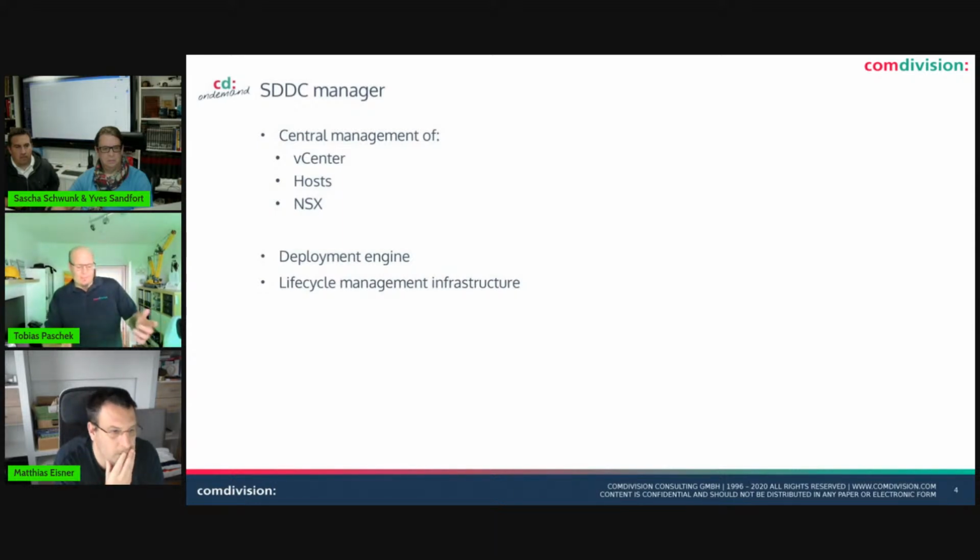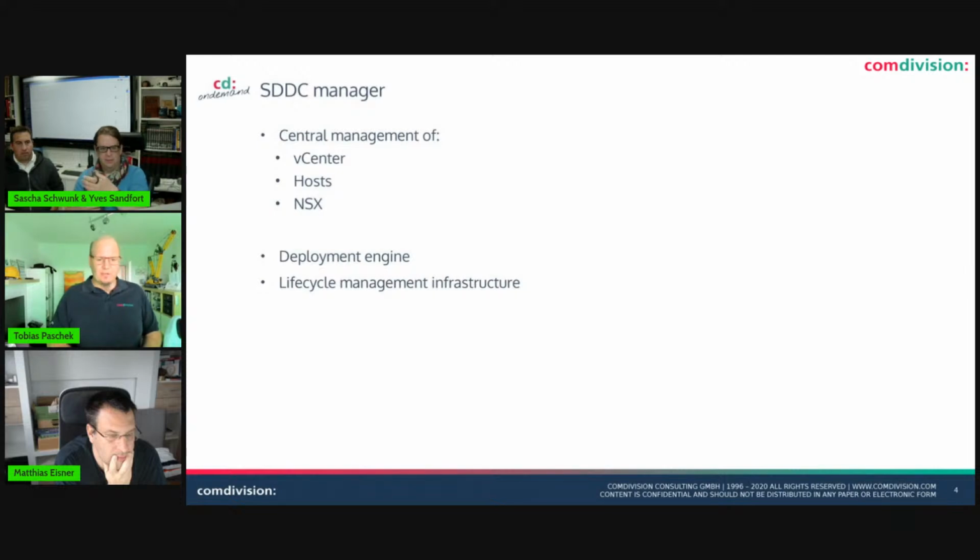So here the biggest change from what we have done in the past maybe is that we now have really a single point of component where we can manage all of our vCenters, where we can ramp up additional clusters, where we can bring in new hosts to our clusters, ramp up a whole new workload domain.